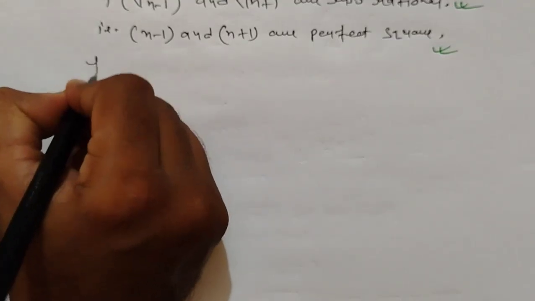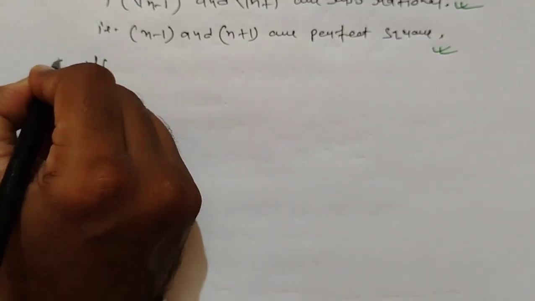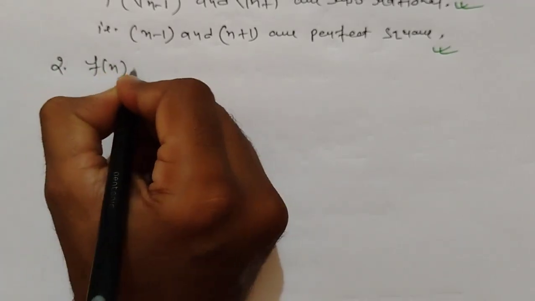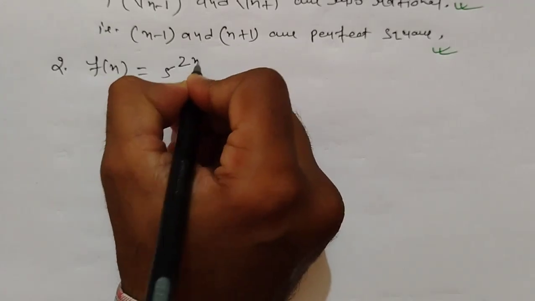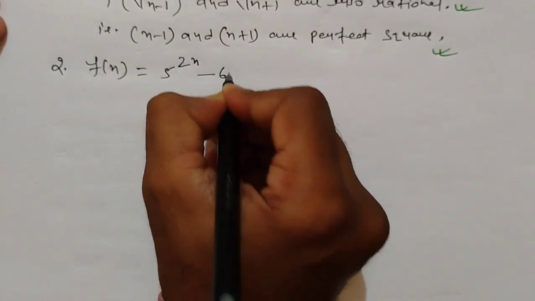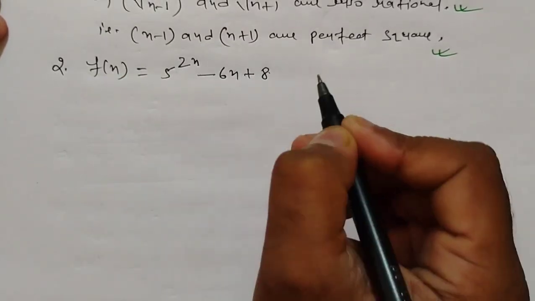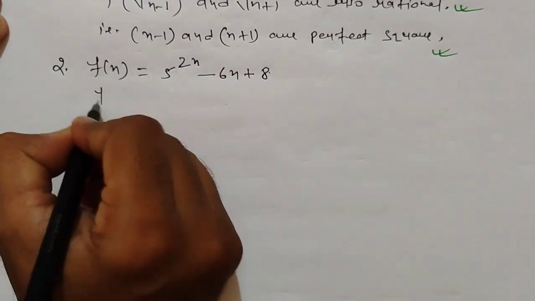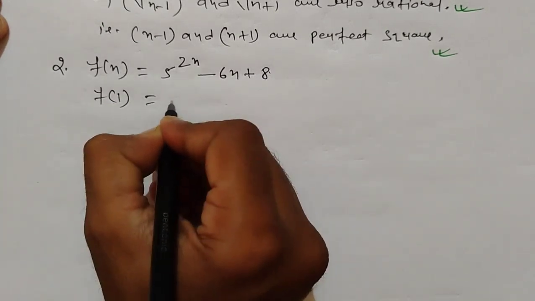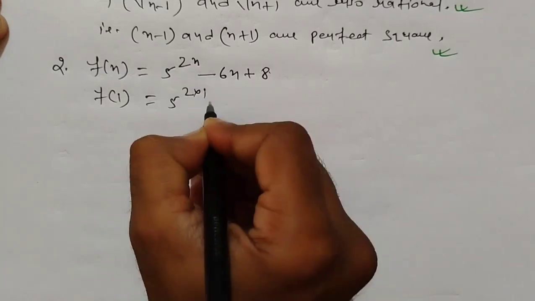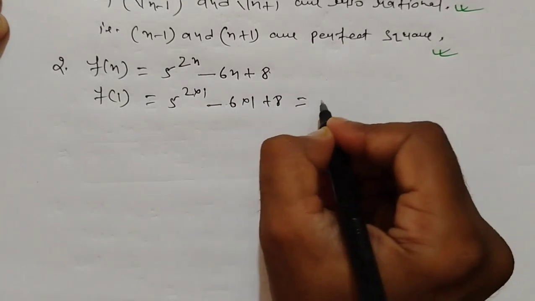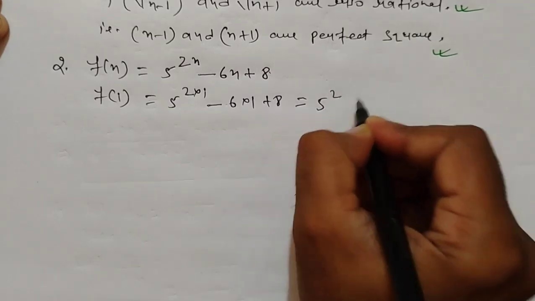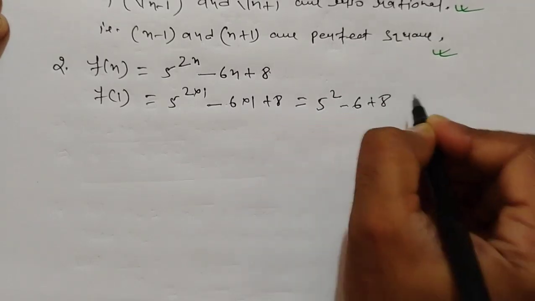So now we have the value of f of n is equal to 5 to the power 2n minus 6n plus 8. So for n is equal to 1, this will be 5 to the power 2 into 1 minus 6 into 1 plus 8, and this is equal to 5 to the power 2 minus 6 plus 8.